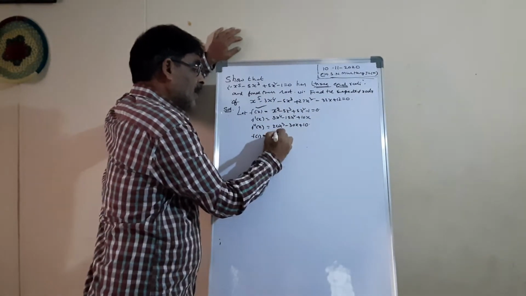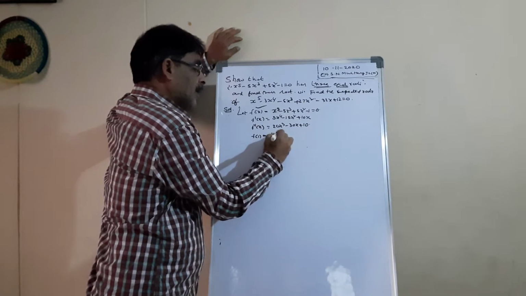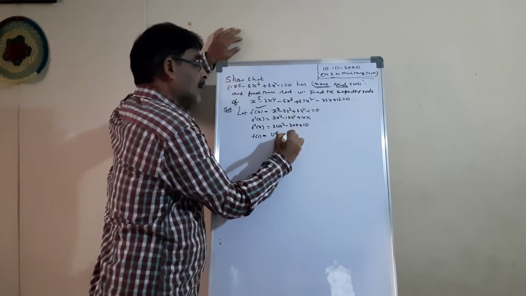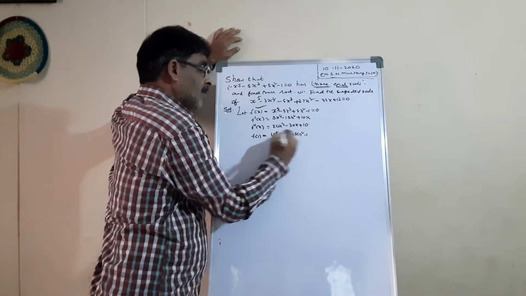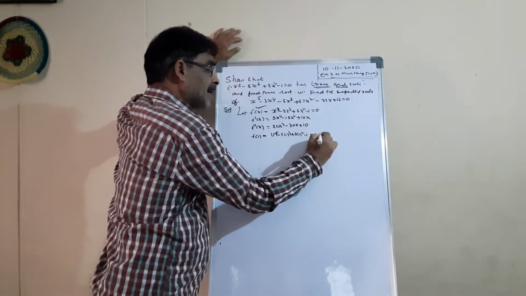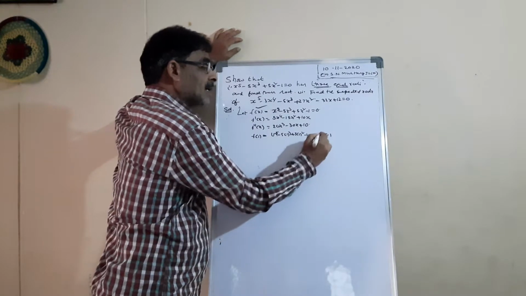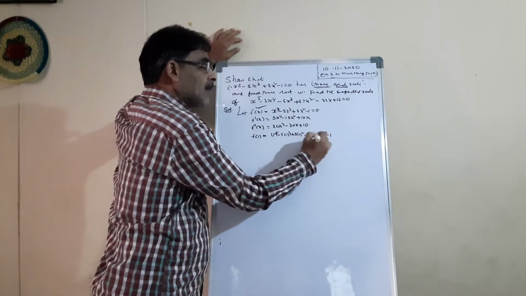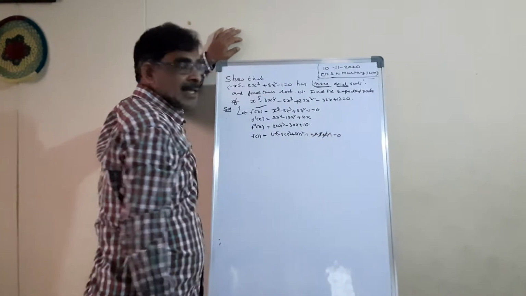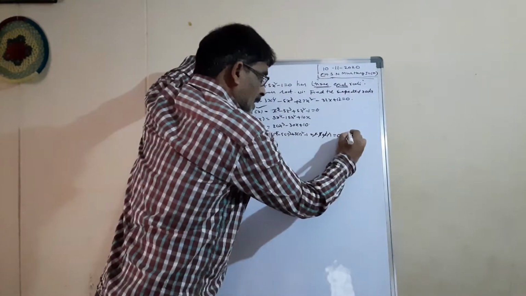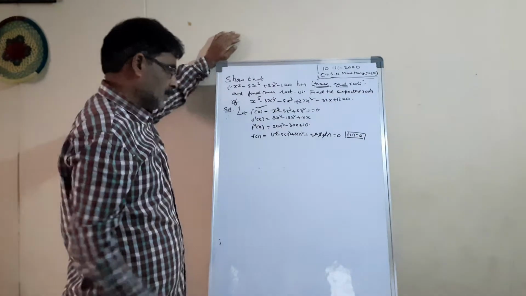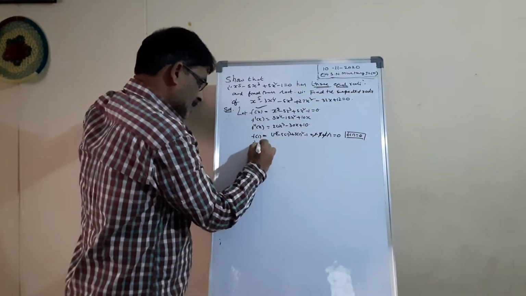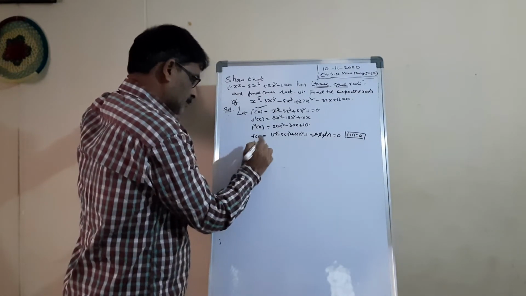What happened? 1 power 5 minus 5 into 1 cube plus 5 into 1 square minus 1 equal to 1 minus 5 plus 5 minus 1, cancel, equal to 0. It means f of 1 equal to 0. Let me try for f dash 1.